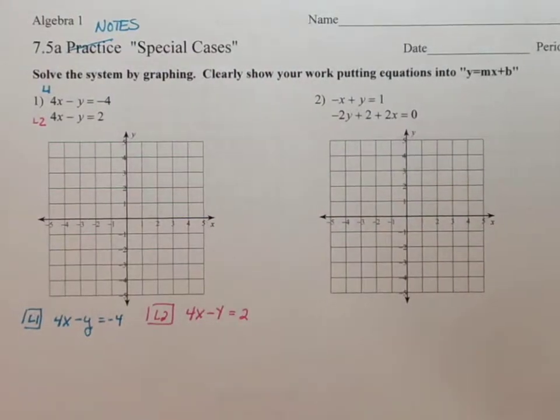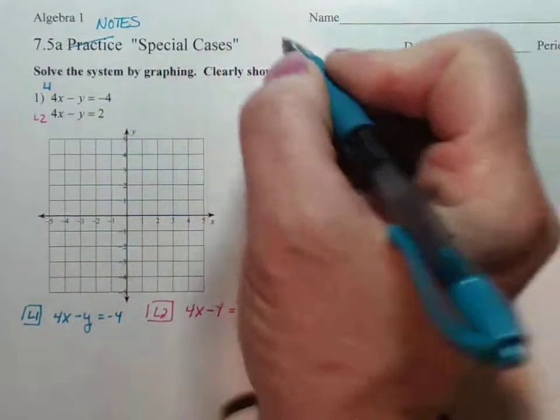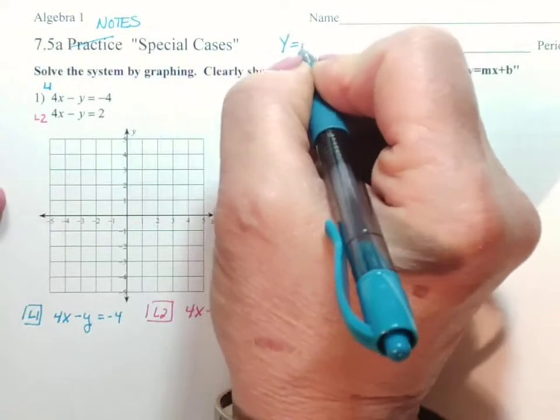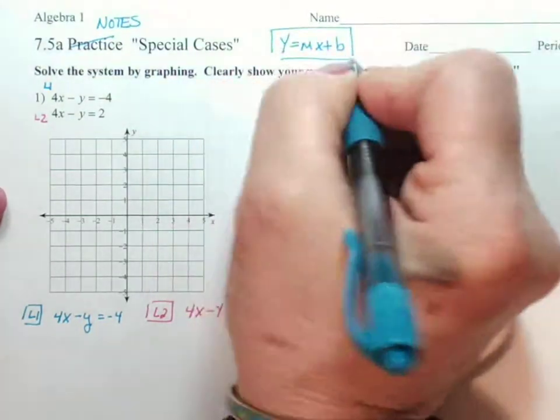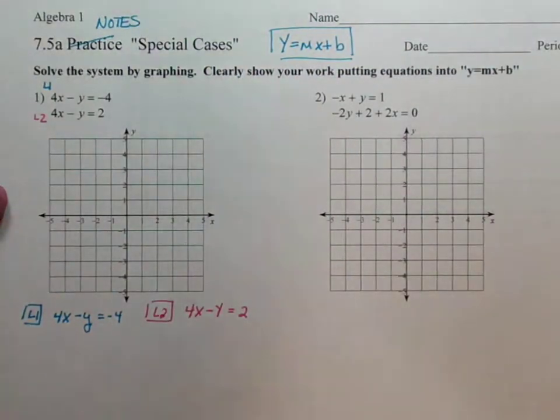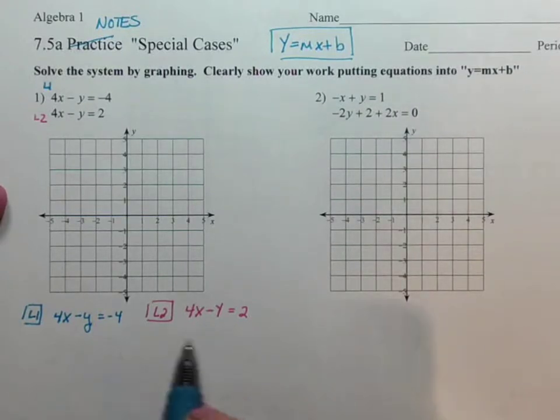And we're going to put them into y equals mx plus b. And you know how to do this. So you can go ahead and put them in y equals mx plus b, or you can watch me do it.